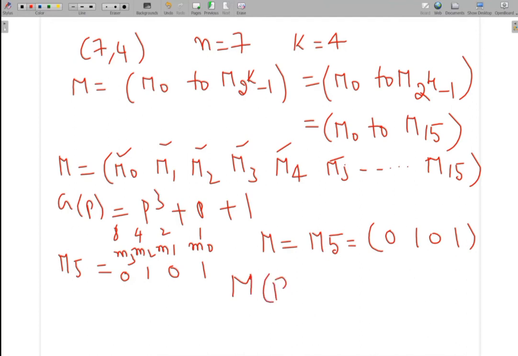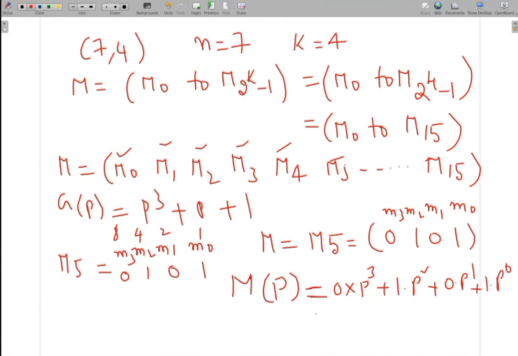Convert this into polynomial form. M of P is equal to, this one is M0, M1, M2, M3. Here M of P means 0 into P cube plus 1 into P square plus 0 into P power 1 plus 1 into P power 0.